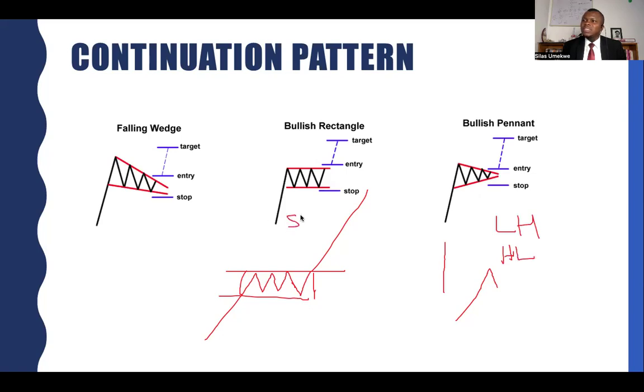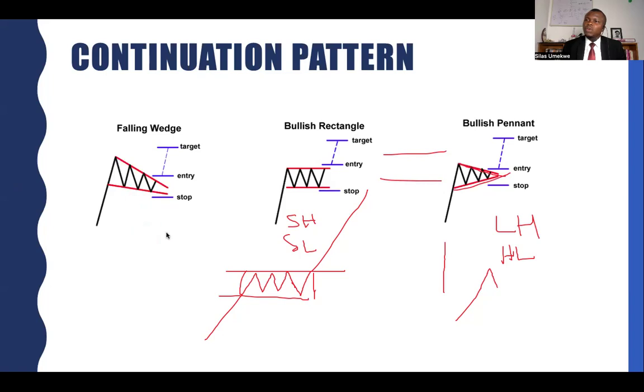This one is printing similar highs and similar lows. This one is printing lower highs and lower lows. That's the difference. So it's as if this one is narrowing in. This one is narrowing, but both of them are facing downward. But this one, both of them are just facing over here.